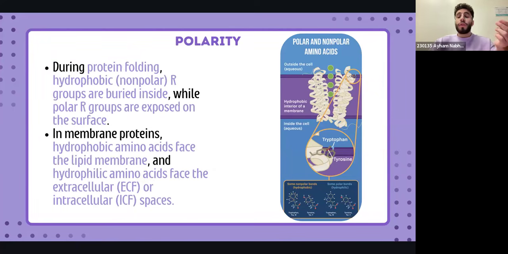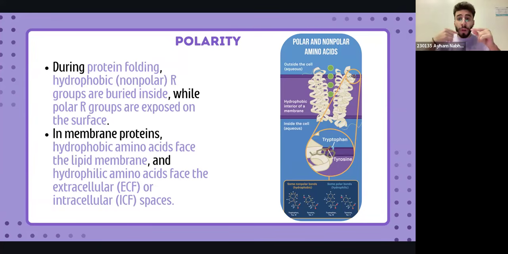Now, once we want to talk about the polarity of the amino acids, we do have polar, non-polar amino acids, acidic, basic amino acids, and so on. Let's start with the polarity. We do have polar, which is hydrophilic, and non-polar, which is hydrophobic.